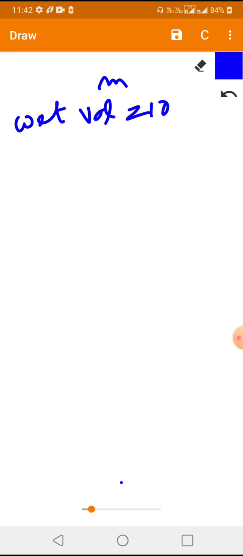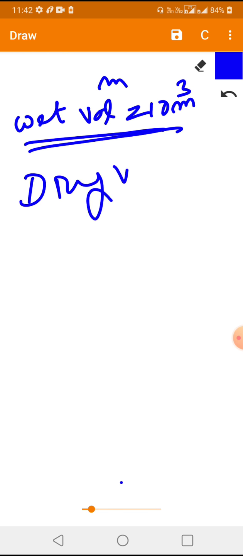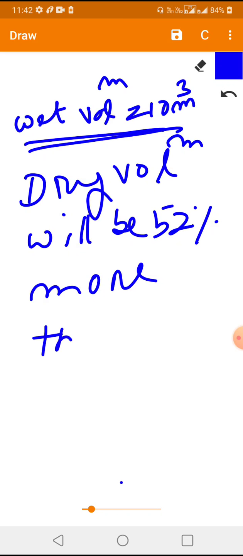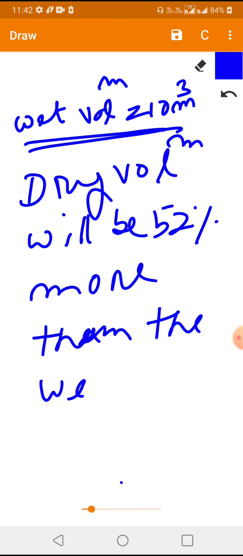Okay, so first of all let us assume a wet volume of the concrete of 10 meter cube, just like the earlier case, 10 meter cube. For 10 meter cube of wet volume, the dry volume will be 52% more than the wet volume.